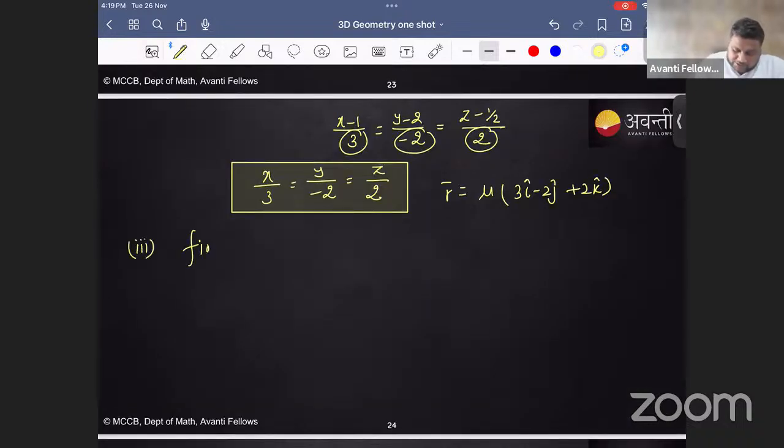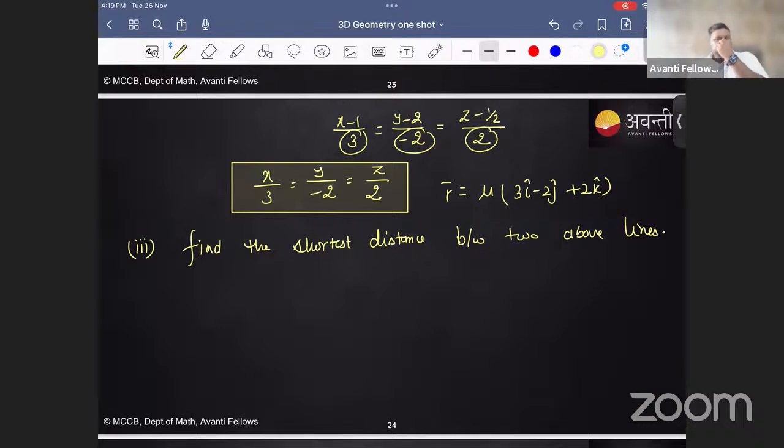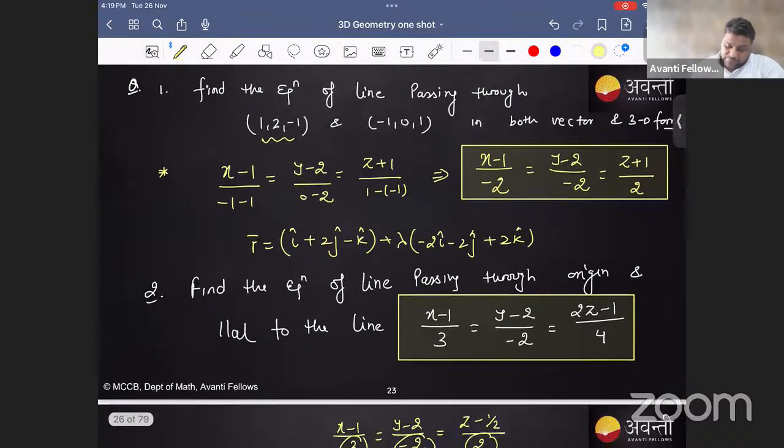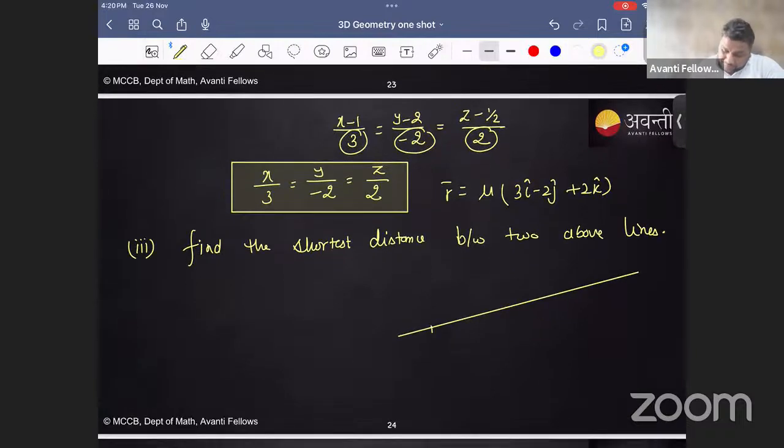Now third part is: find the shortest distance between two above lines. Now see, the first line was passing through 1, 2, minus 1.